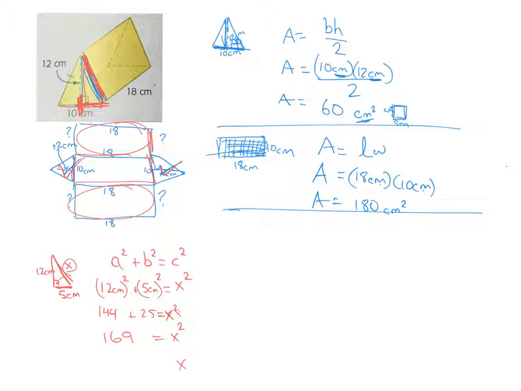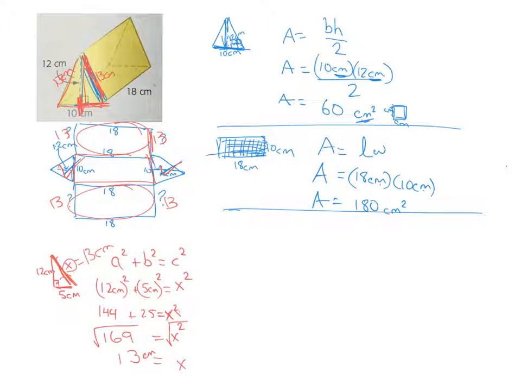Well, the opposite of squaring is square root. So the square root of 169, some of you probably know this off the top of your head, is 13. So I know that this hypotenuse here is actually 13 centimeters, which means this length is 13 centimeters, which means this length is 13 centimeters. So I now know that these sides here are 13 centimeters.